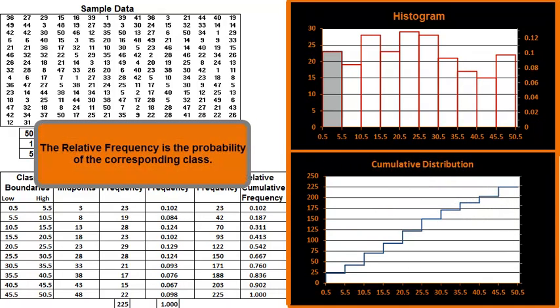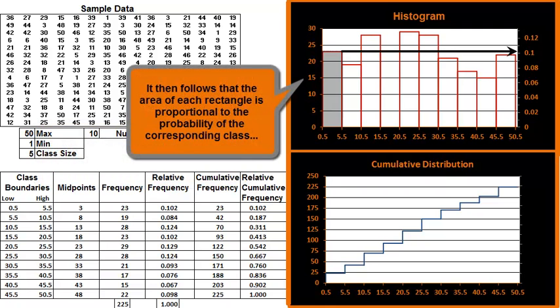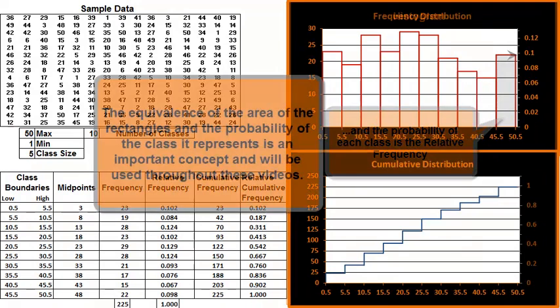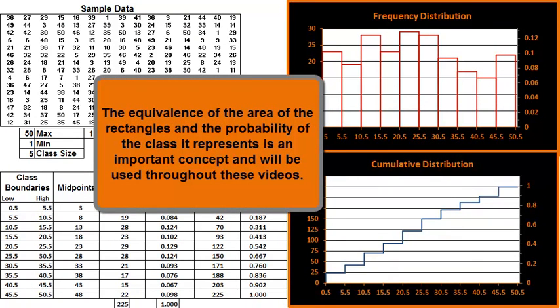The relative frequency is the probability of the corresponding class. It then follows that the area of each rectangle is proportional to the probability of the corresponding class, and the probability of each class is the relative frequency. The equivalence of the area of the rectangles and the probability of the class it represents is an important concept and will be used throughout these videos.